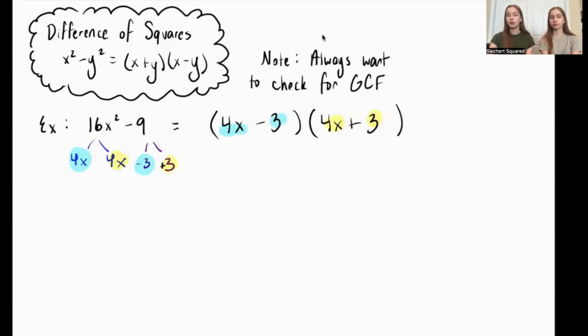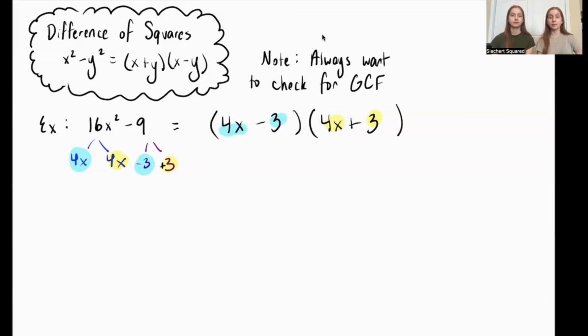We already covered that in a previous video. Looking for a GCF always needs to be the first step when you're factoring. In this case, I didn't show it because there was a GCF of 1, which isn't going to affect your answer. You wouldn't have to factor that out. But it is something you want to look for going forward because there are some problems where you take out a GCF and then you do difference of squares.